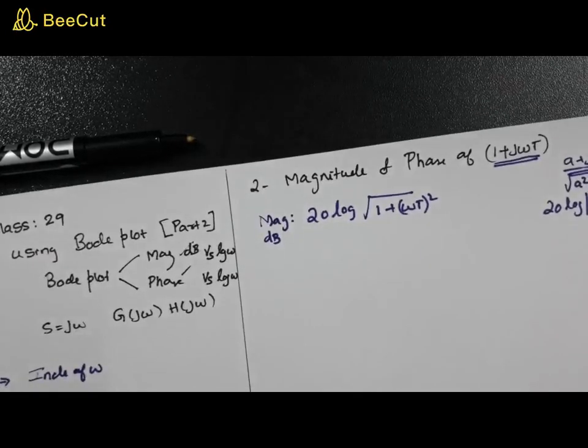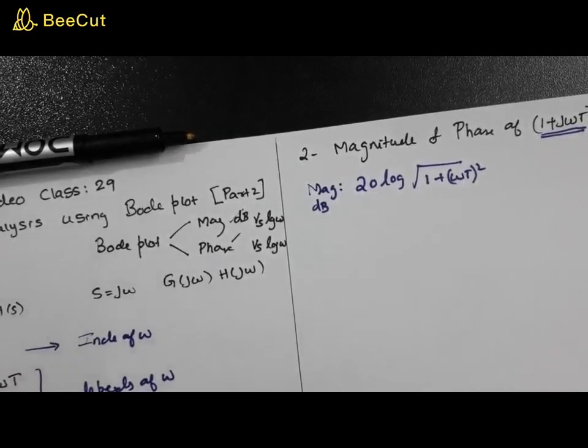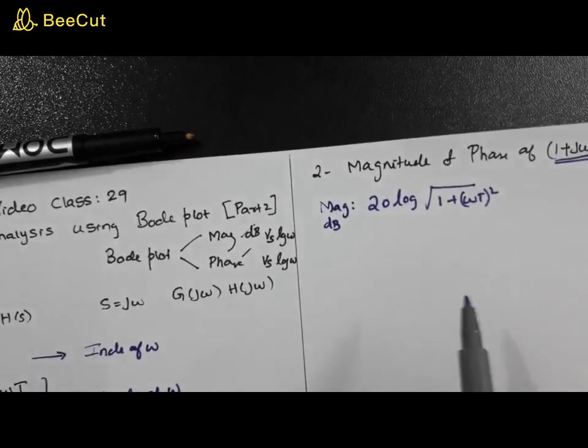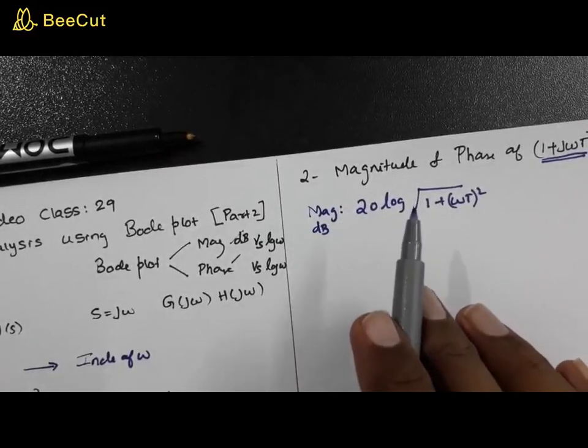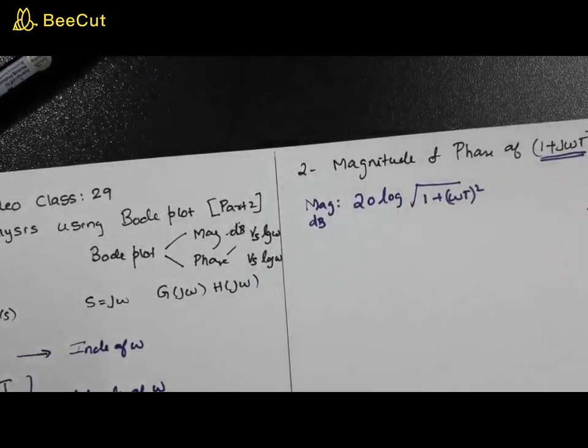As I already mentioned, we are not interested in the exact value of the variation. We are interested in the variation of this gain as frequency varies in decades, that is, as multiples of 10. Let us see how to find that change per decade.